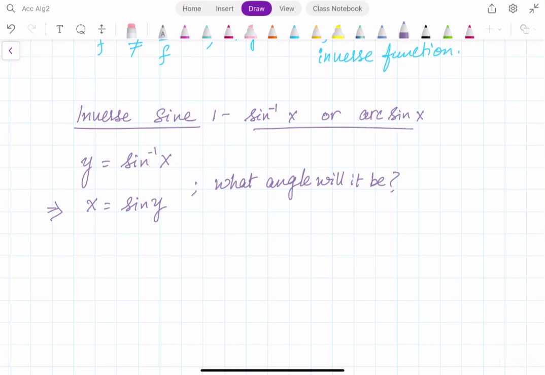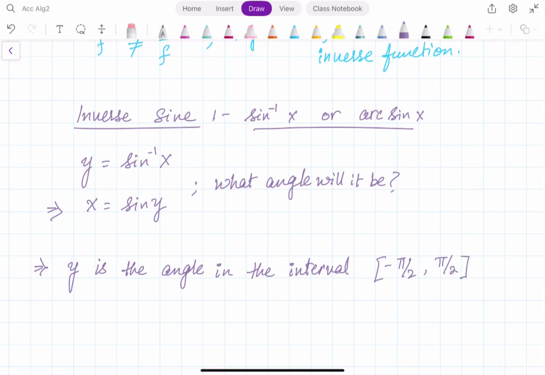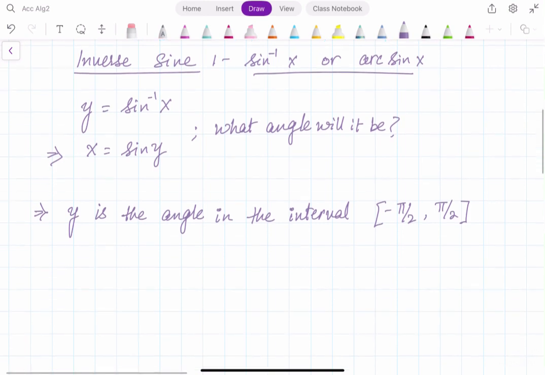Another thing, sine inverse x can be written in two ways: sine to the power of -1 x or arc sine x. So it is not read as to the power of -1, it is just sine inverse. So y is the angle in the interval -pi/2 and pi/2. So if you remember the graphs of the sine function, -pi/2 and pi/2, what was that? That was the range of the sine function.